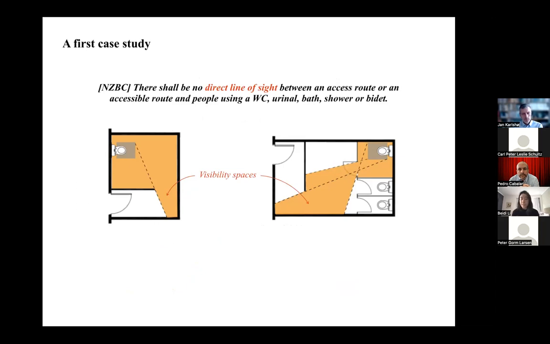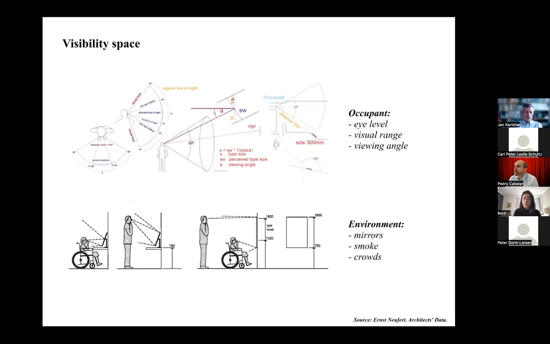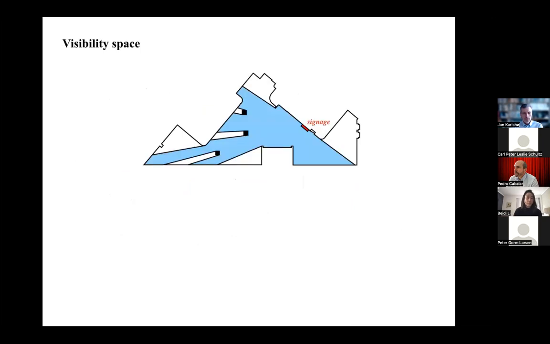And then we can compute the visibility space of this functional space, which are regions where this functional space is visible. Again, the shape of this visible space depends on the occupant, their eye level, their visual range, but also on the environment, whether there are any visual reflections or crowds.